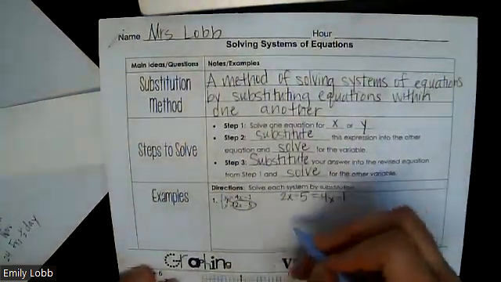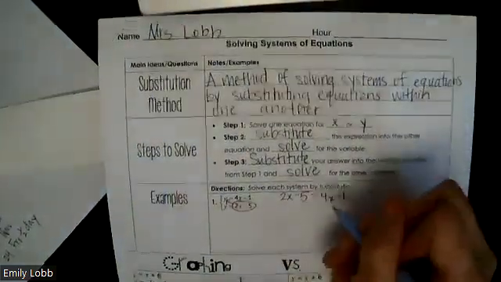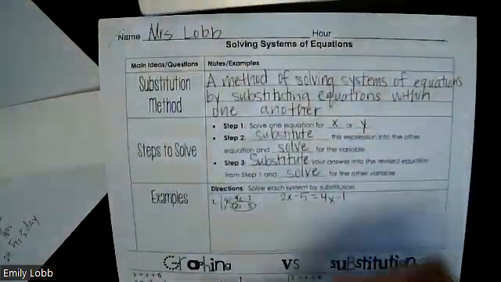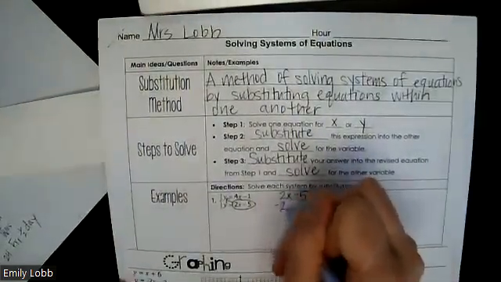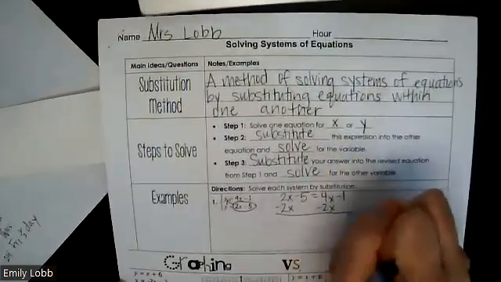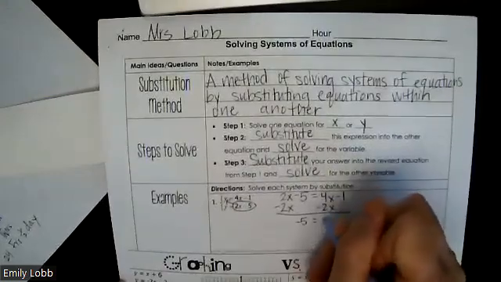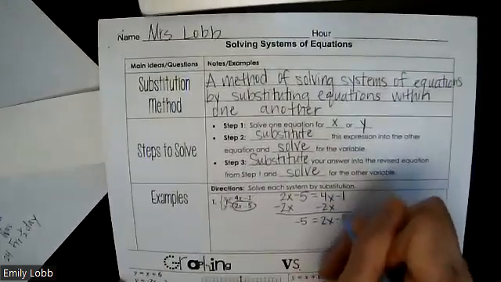I can either get rid of them from the left by subtracting 2x from both sides, or get rid of the variable term from the right and subtract 4x from both sides. I'd probably opt to do this, but you could go either direction. So this leaves it as negative 5 is equal to 2x minus 1.